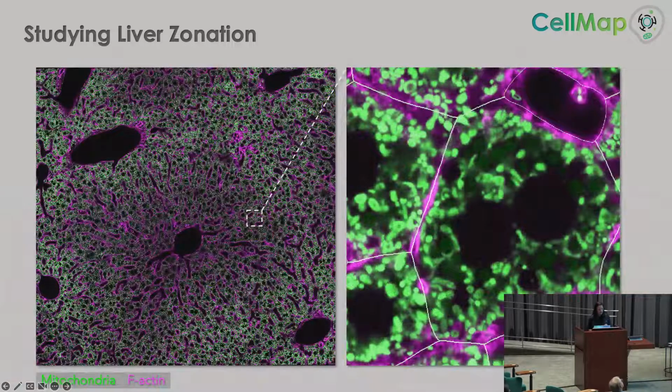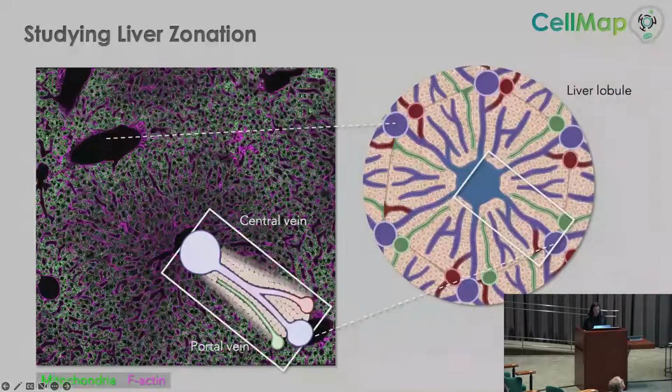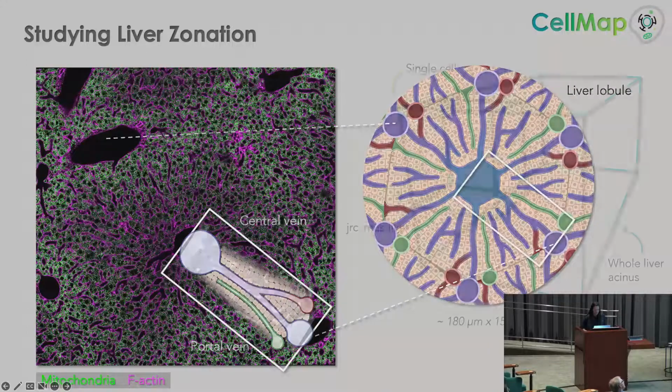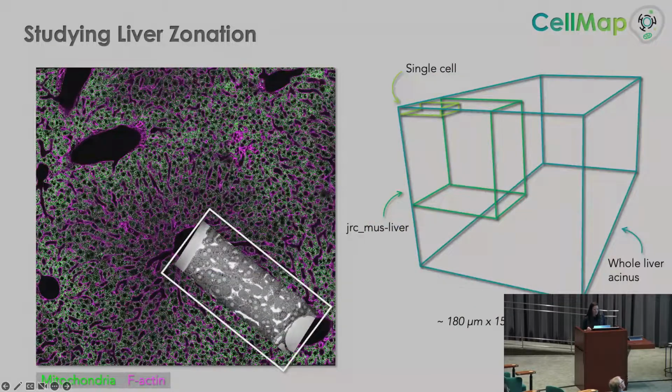Shown here is a fluorescence image Daniel collected of a lobule with the mitochondria and actin labeled. And then just to relay this back to the cartoon of what the liver looks like, you can see that the central vein is here in the center and the portal vein down in the corner there. And very excitingly, we now have a beast of a FIB-SEM data set to accompany a fluorescent image like this, flowing from the central vein to the portal vein, so a strip of this acinus.